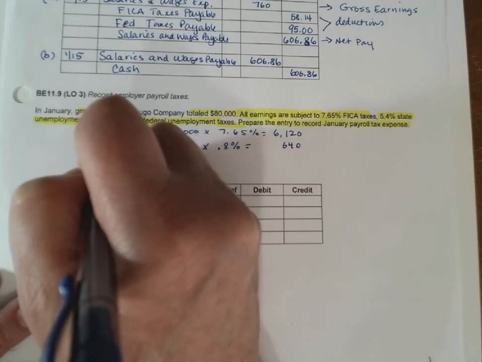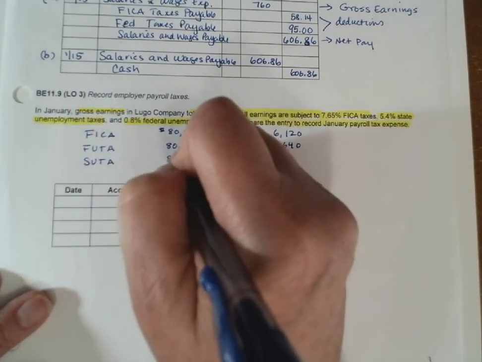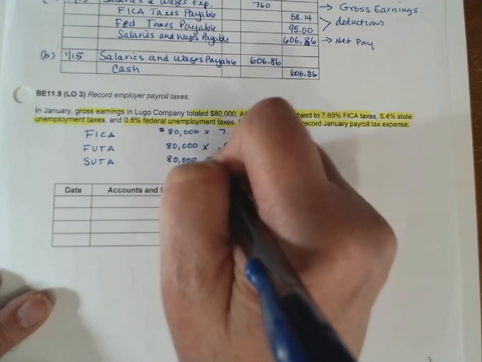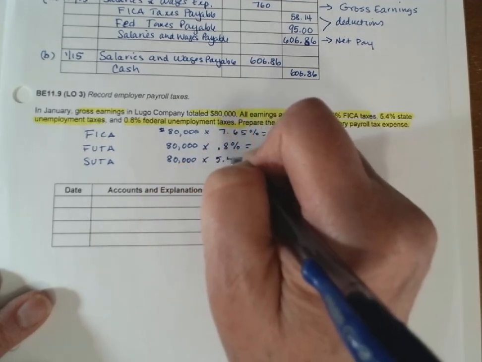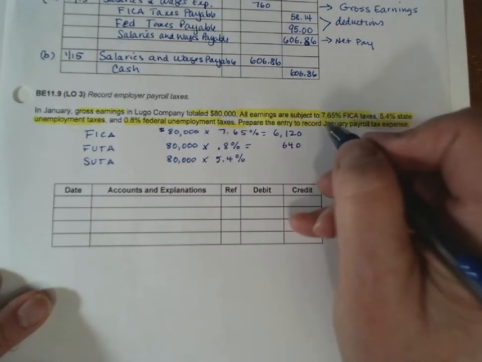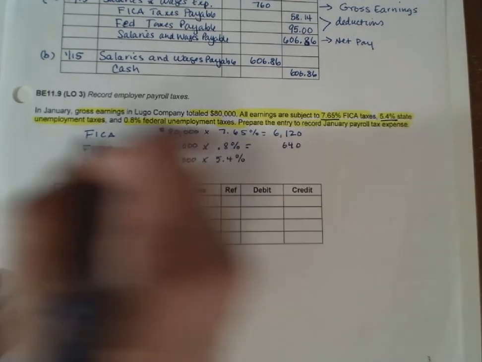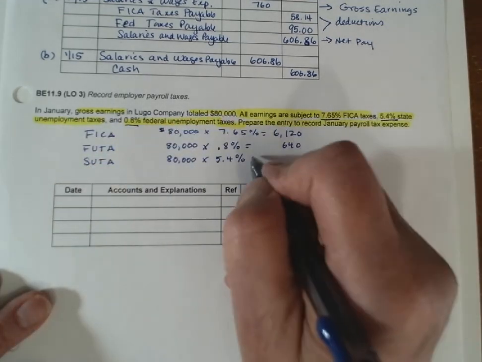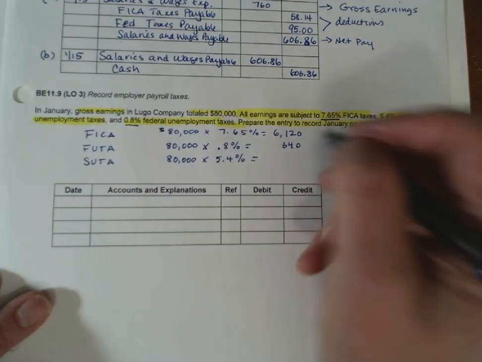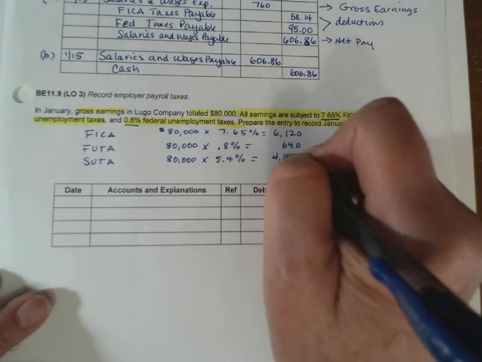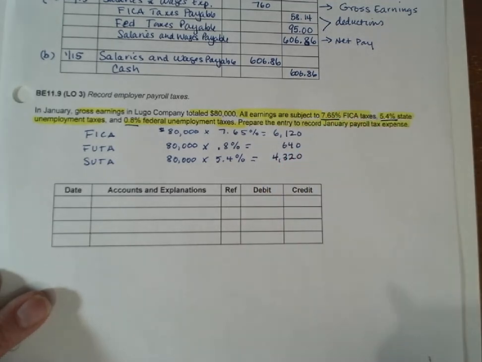And then my state unemployment tax, same 80,000. Multiply that by 5.4%. Once again, 7.65, 5.4, 0.8. And that is going to equal 4,320.